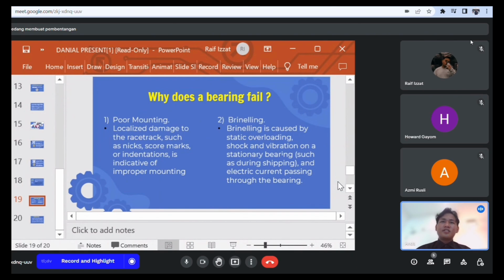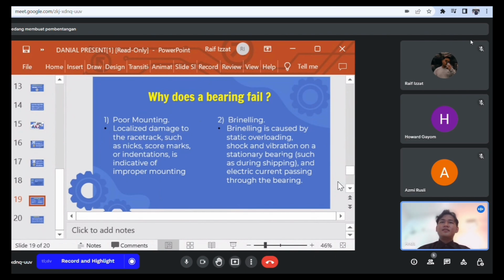The second situation is brinelling. Brinelling is caused by static overloading and vibration on a stationary bearing, such as during shipping, and by electric currents passing through the bearing.